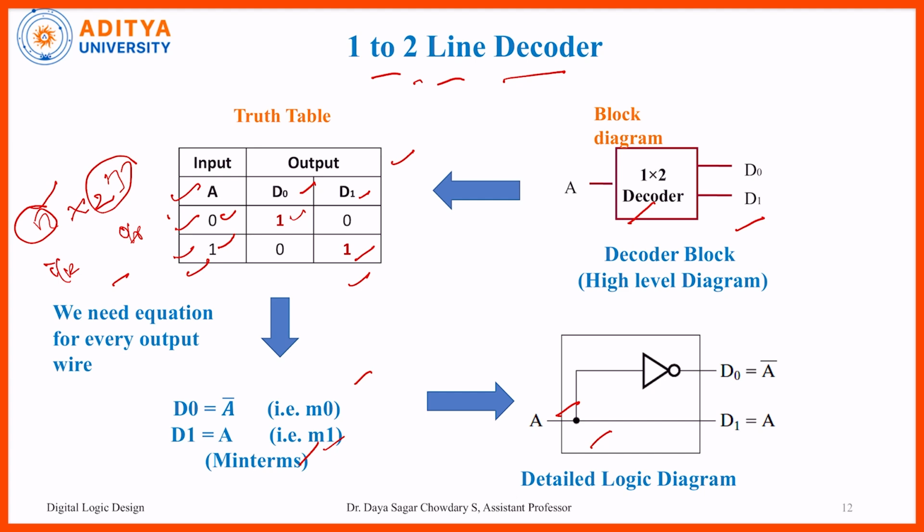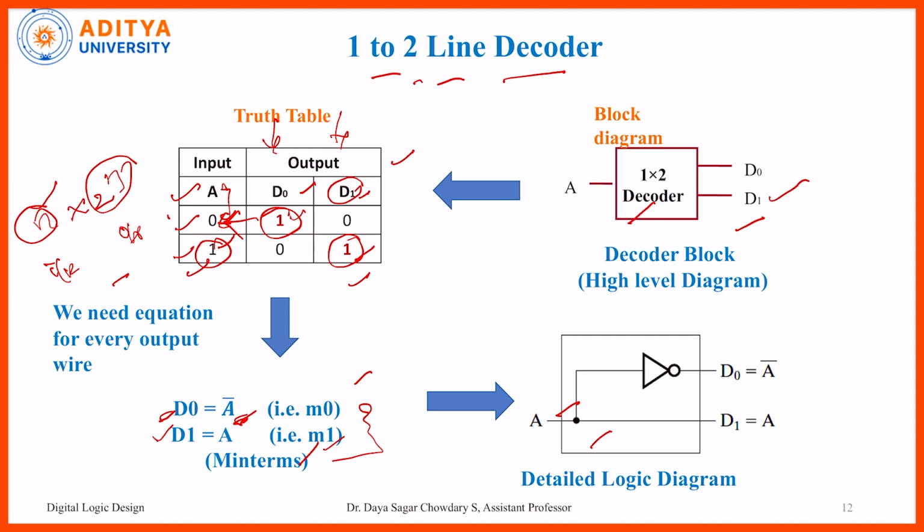D0 is enabled once and D1 is enabled once. So we can construct a K-map for D0 and D1. For D0, the corresponding output is A bar, because A is 0. D1 is 1 whenever A is high, that means D1 is equal to A. That is why we use these equations in decoders.